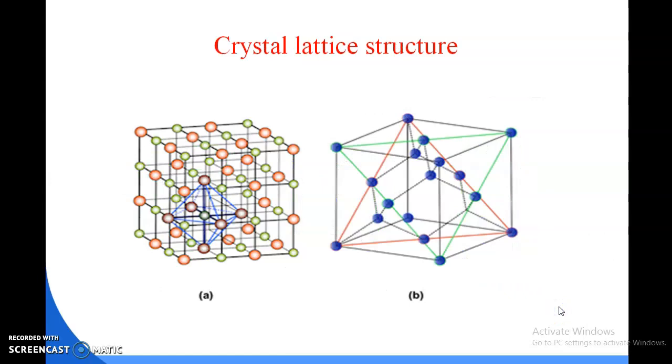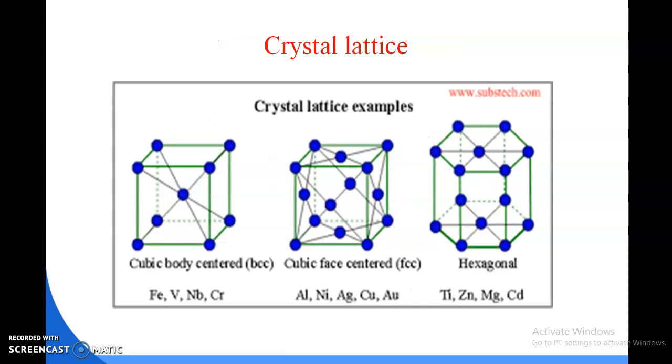So here is the crystal lattice structure. One crystal lattice structure is shown like this. So for the cubic structure, it is a case of simple cubic crystals. The lattice vectors are orthogonal and of equal length.